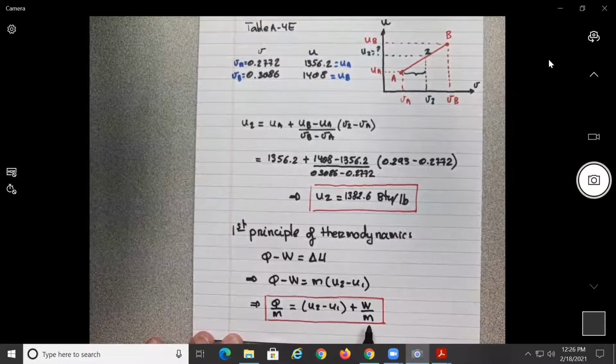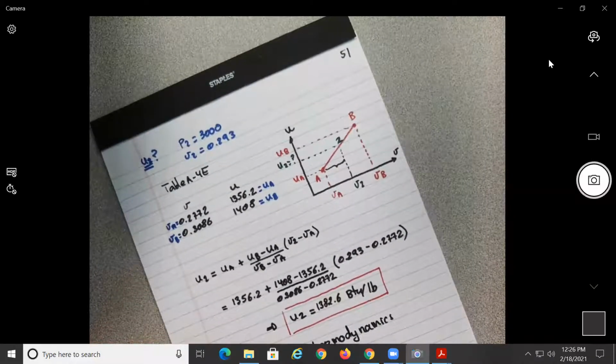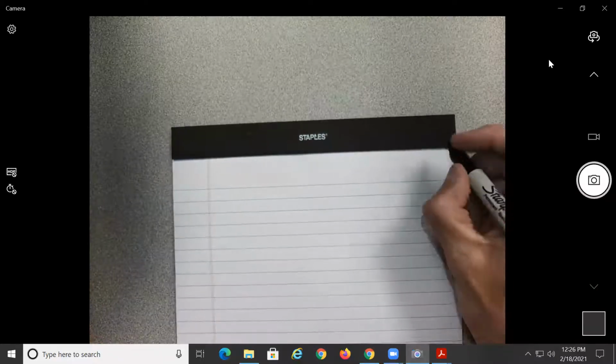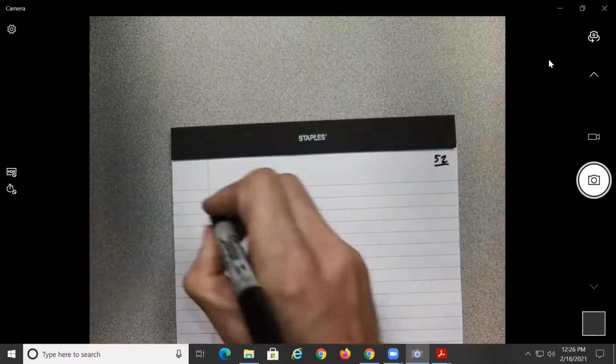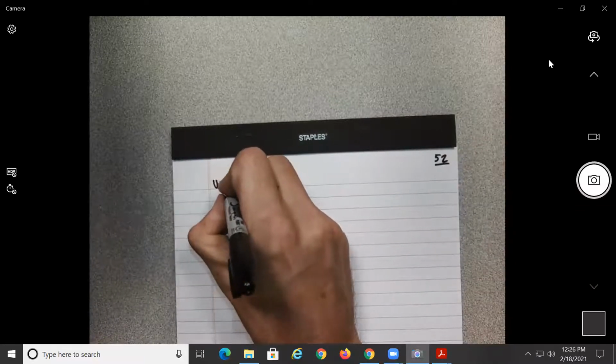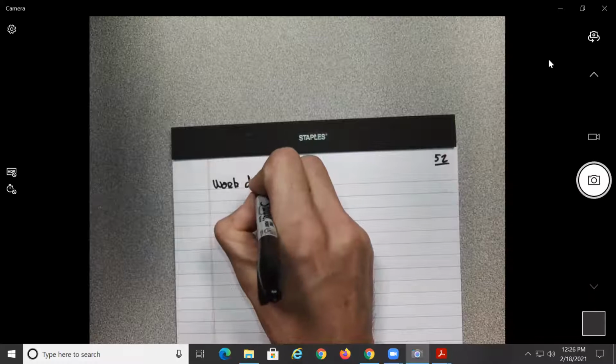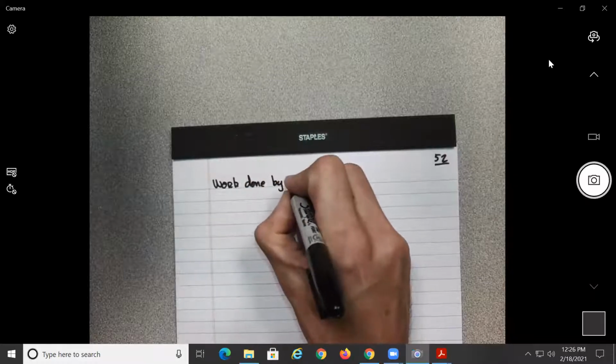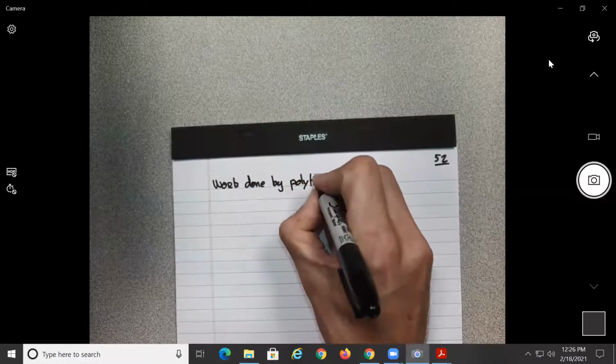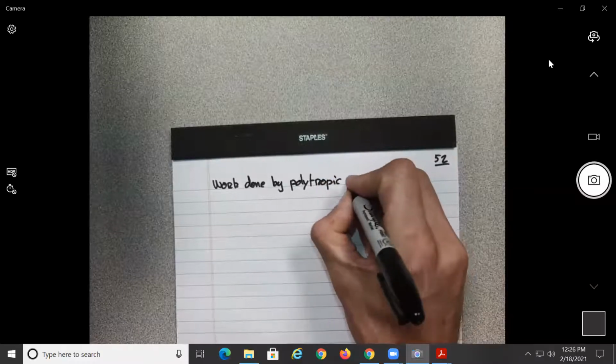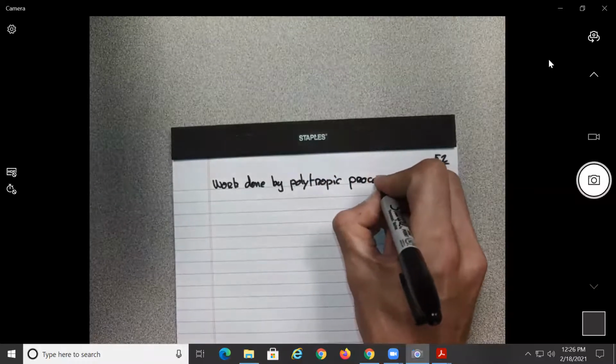Do we know how to find the work done by a polytropic process? The answer should be yes. So we need to find work over M. So let me do that, and there are still 4 minutes, so I think I can get it done. I don't know with the values. So, work done by a polytropic process.